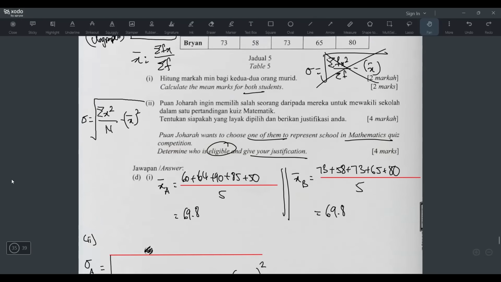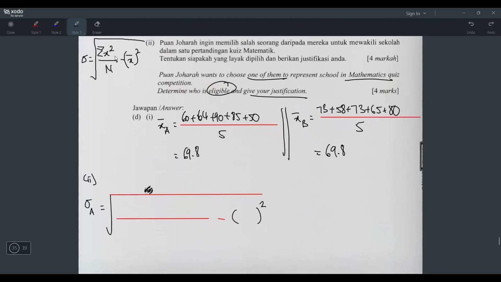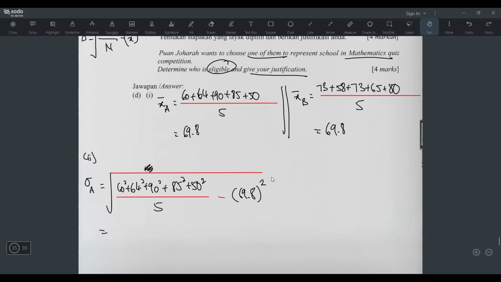Okay, so the formula, I wrote it here already, right? Sum of x square means all the data you have to square. After you square, you add them up. So it becomes 60 square plus 64 square plus 90 square plus 85 square plus 50 square, and then over n, which is 5, minus mean square 69.8. Okay, now it's time to calculate this. I will calculate it later.